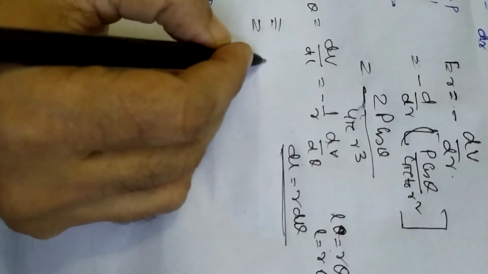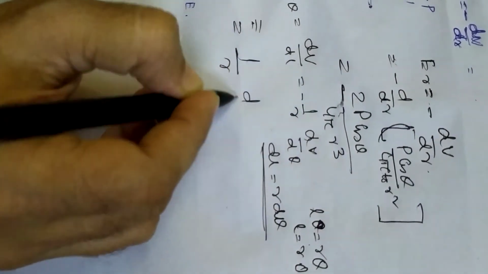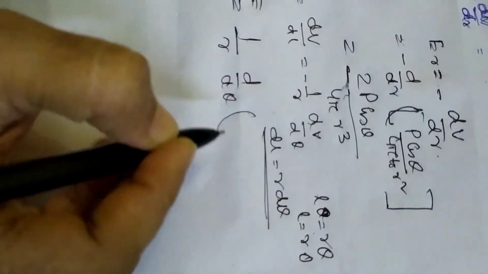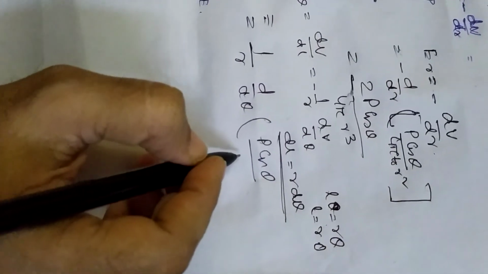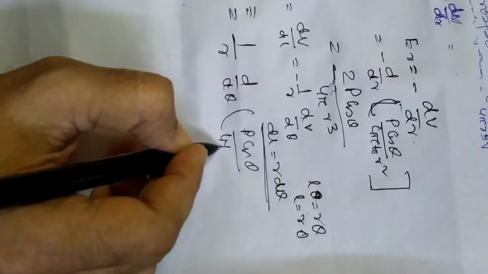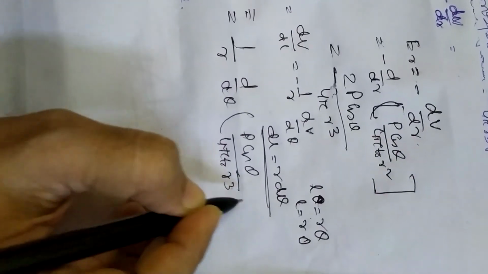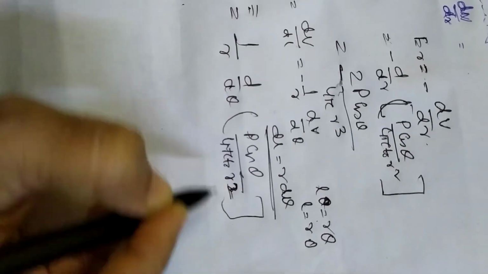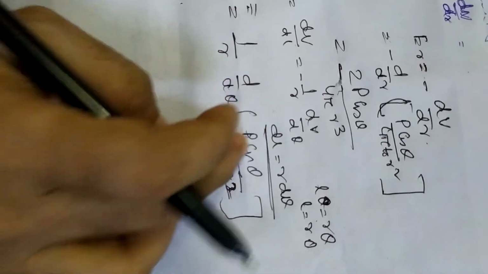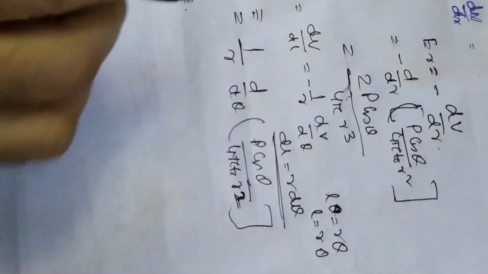By differentiating, we keep 1 by r as it is, then d by d theta of P cos theta divided by 4 pi epsilon r cube. Clear? We write it like this, r square it is, because we have kept it in scalar form now. If it is in vector form, it will come r cube.